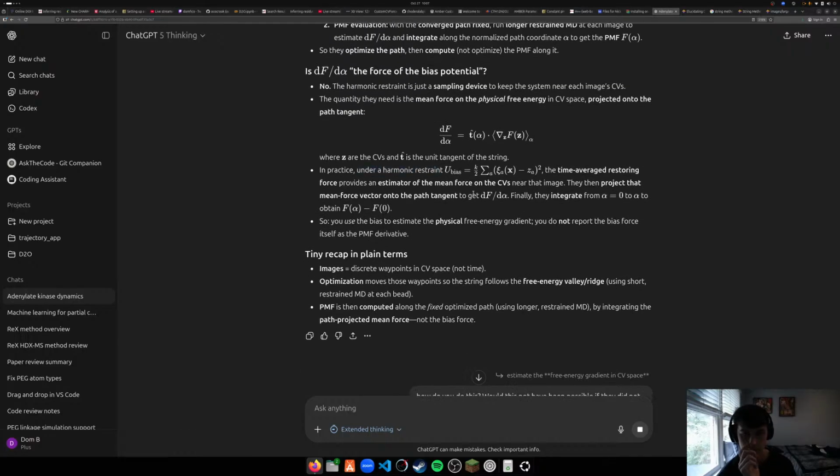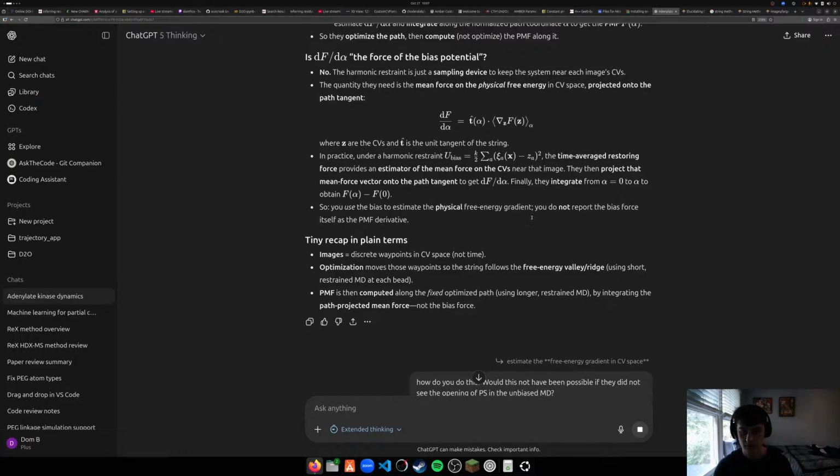In practice, under harmonic restraint, the time average restoring force provides an estimator of the mean force in the CVs near that image. They then project that mean force vector onto the path tangent, finally to integrate. So you use the bias to estimate. You do not report the bias force itself.